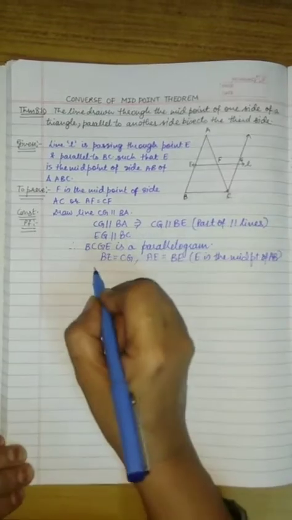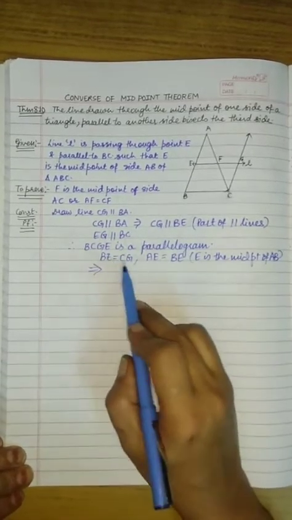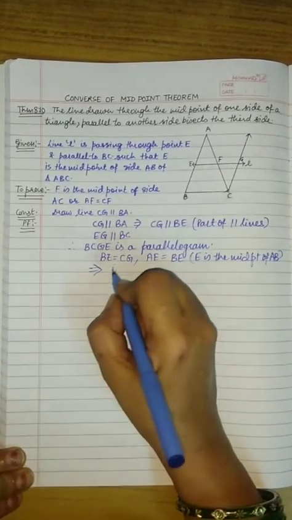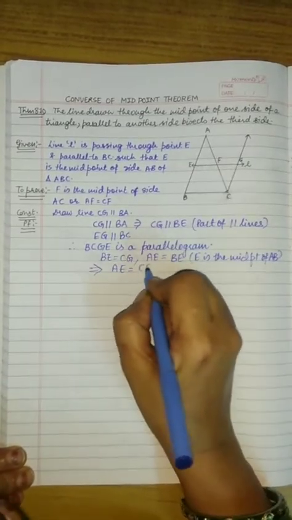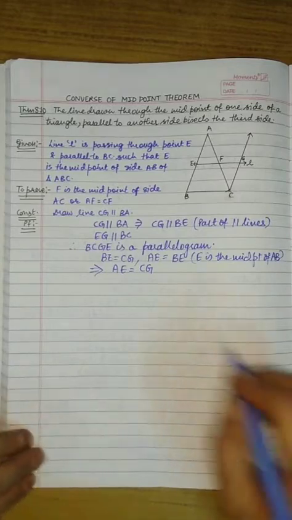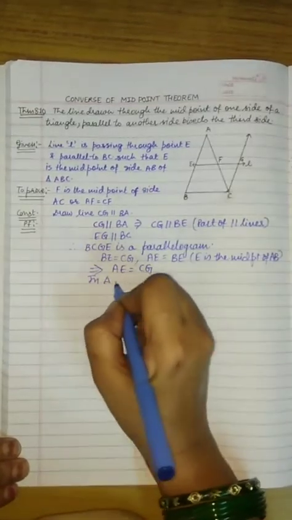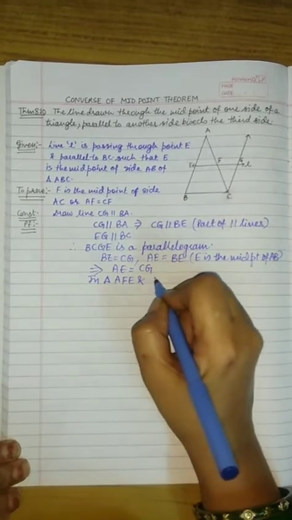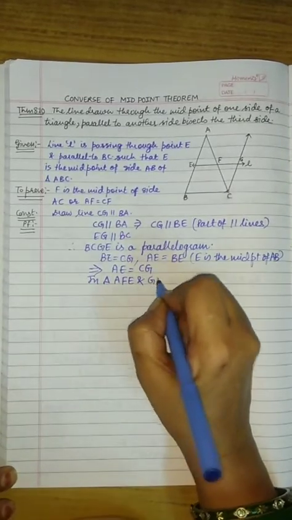So it implies that AE is equal to CG. Now we will take two triangles, that is triangle AFE and triangle GFC.